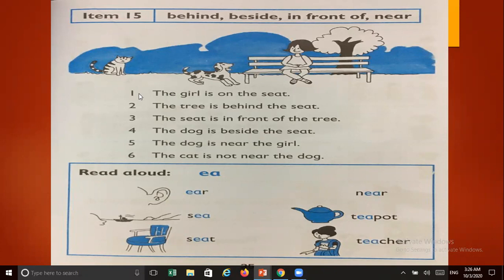Now we are going to start from number 1. The girl is on the seat. You can see the girl. Number 2, the tree. The tree is behind the seat. See, this is a seat and the tree is behind the seat.